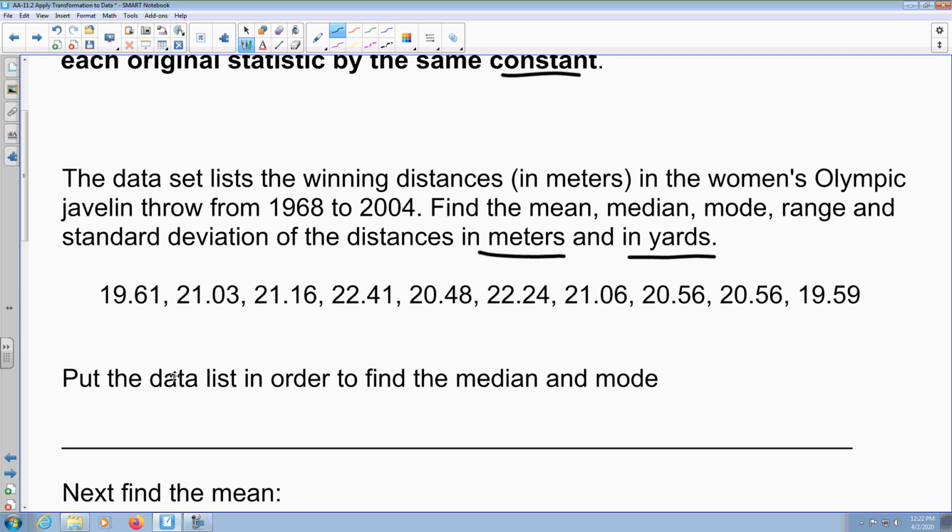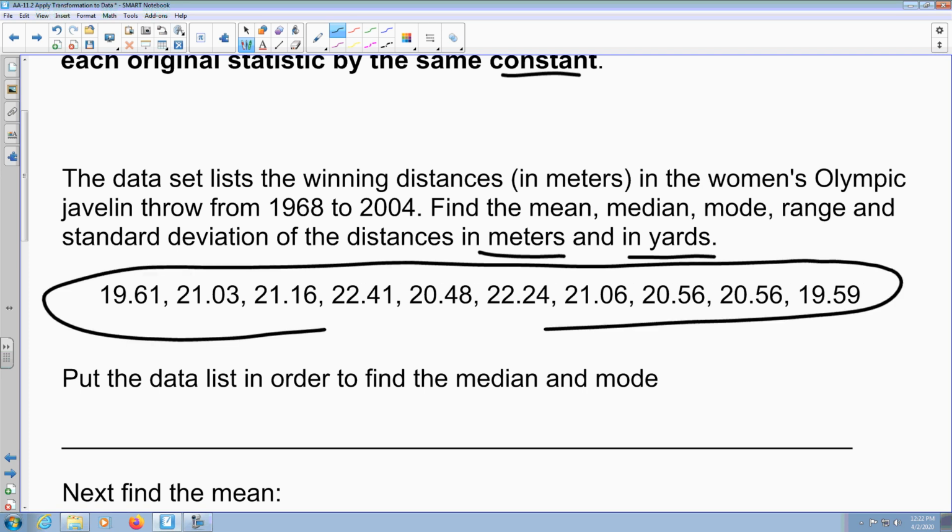The distances they give us are right here, and these are all in meters. We would have to convert to yards to find the mean, median, mode, range, and standard deviation for that.